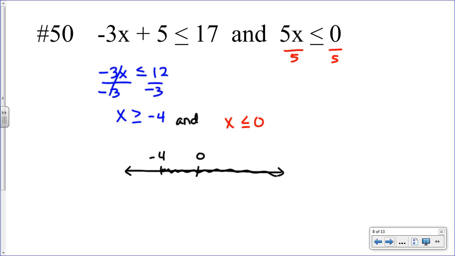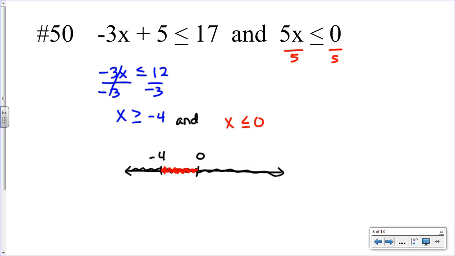Less than or equal to 0 is to the left. So where is it going to be true for both? In between. So I only want to shade right here. So either erase the shading out here or darken in the shading that it needs to be.